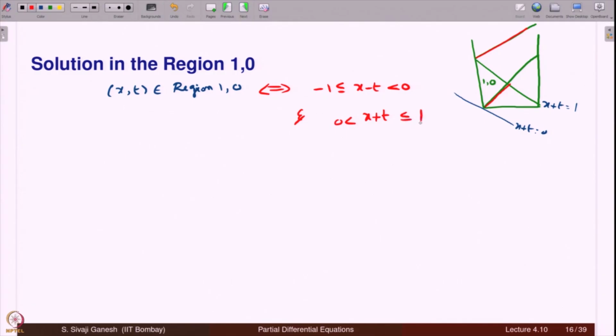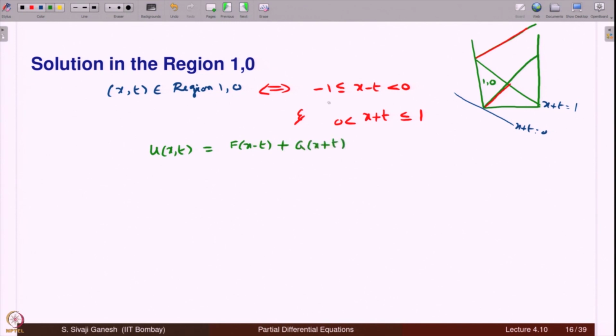So, this is the meaning of xt belongs to region 1 0. Now, what is u of xt? It is f of x minus t by definition that we started with.